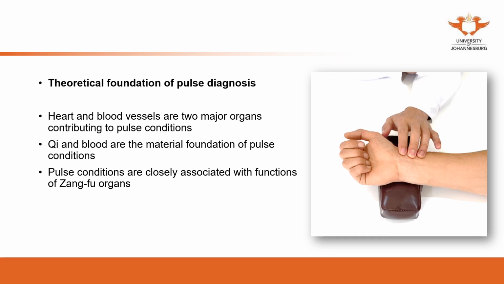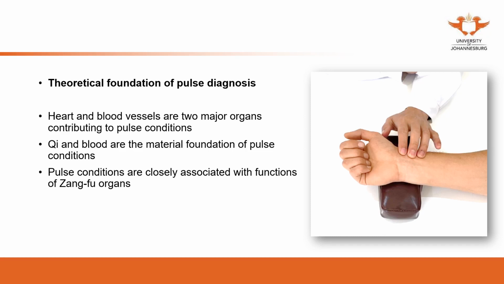That's the promotion from the qi. These are the theories that we study in the basic theory, the relationship between the qi and blood: qi is the promoter that pushes and helps the blood circulation, and blood is the carrier of qi. So these two are very important for the pulse conditions as well.